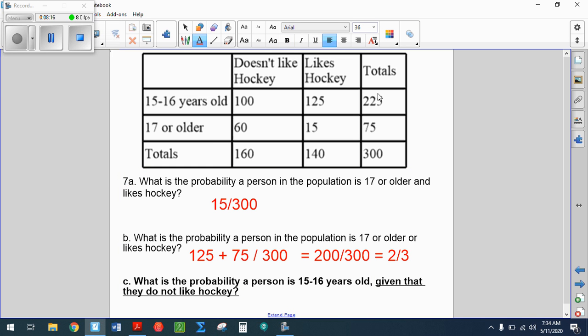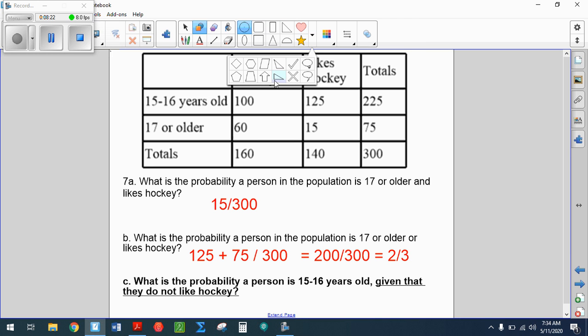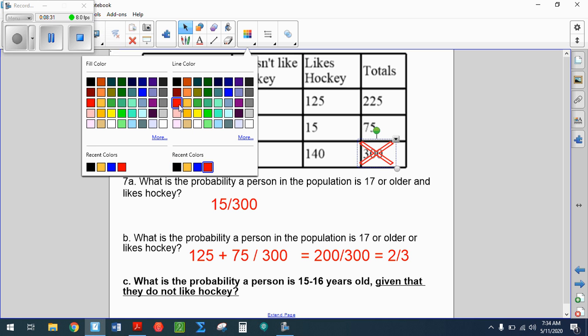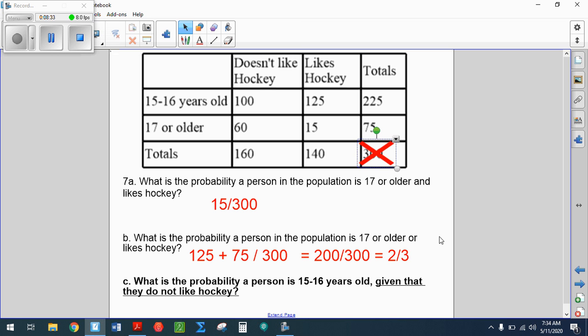So that means instead of looking at this 300, we don't have 300 to look at anymore. So I'm actually just going to cross that out. We don't have 300 to look at.